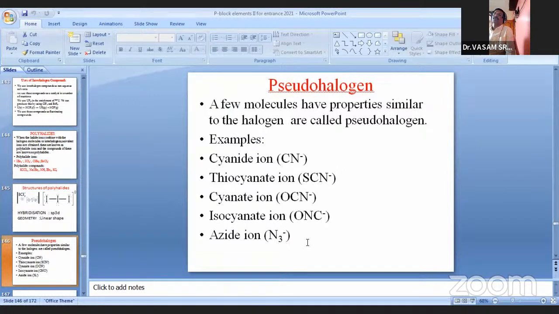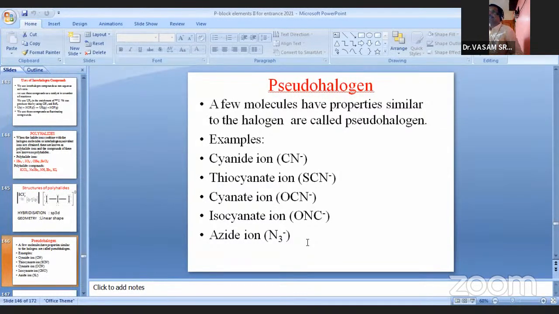And pseudo halogens: they are not real halogens, but they act with similar properties. Their properties are similar to the halogens. That's why they are called pseudo halogens. A few molecules that have properties similar to the halogens are called pseudo halogens.